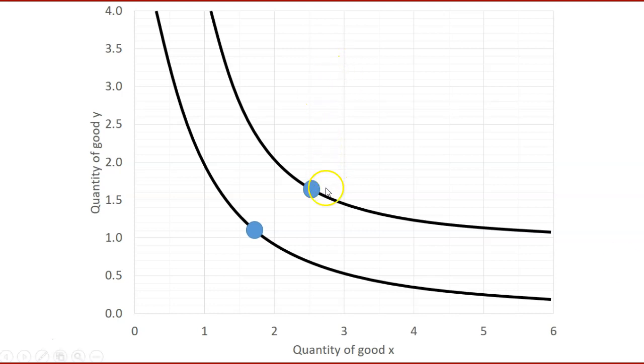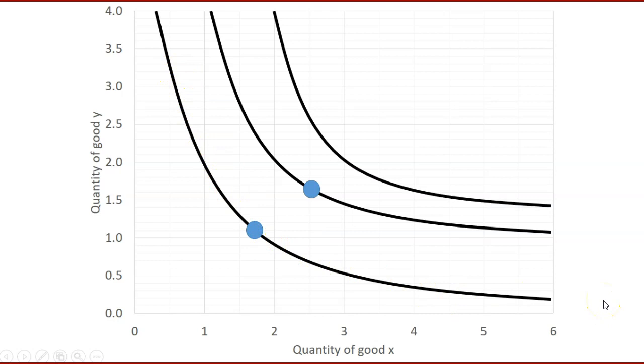And since this higher indifference curve, at this point at least, clearly indicates that they are getting more x and more y than on this lower indifference curve, and also since every point on this higher indifference curve is equally preferred, it must be the case that every point on this higher indifference curve is preferred to every point on this lower indifference curve.